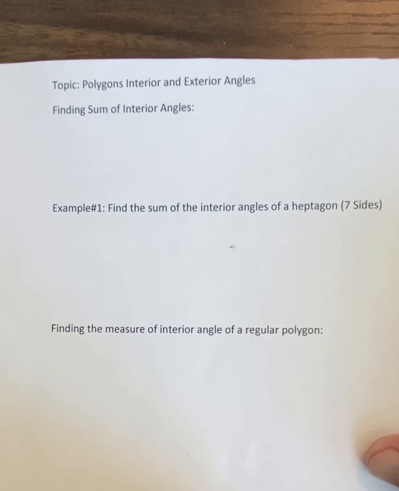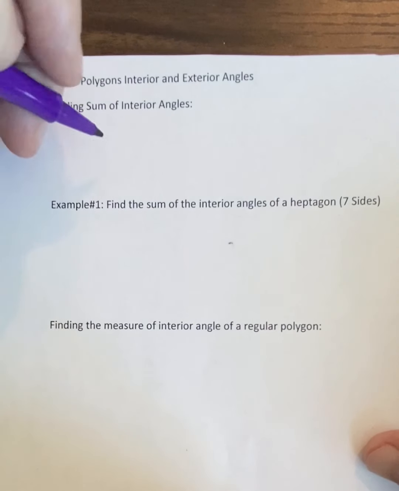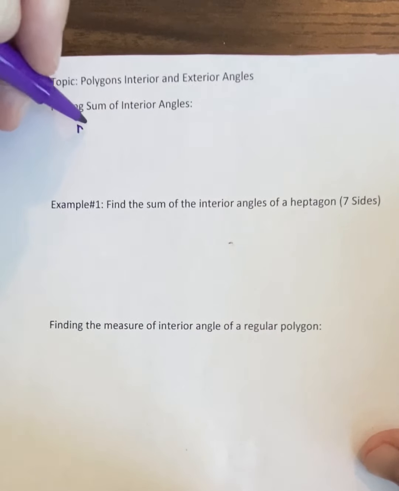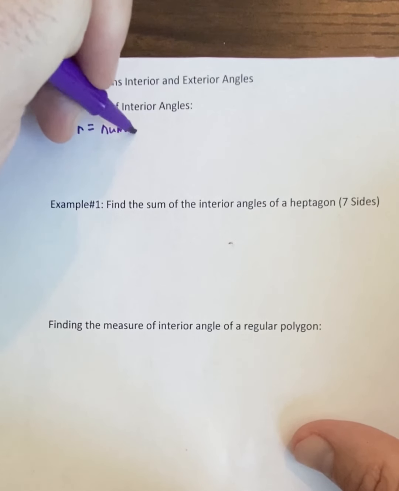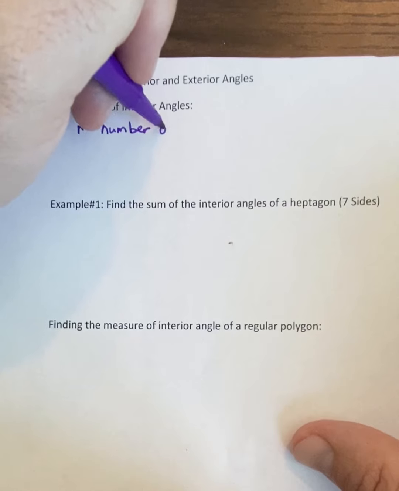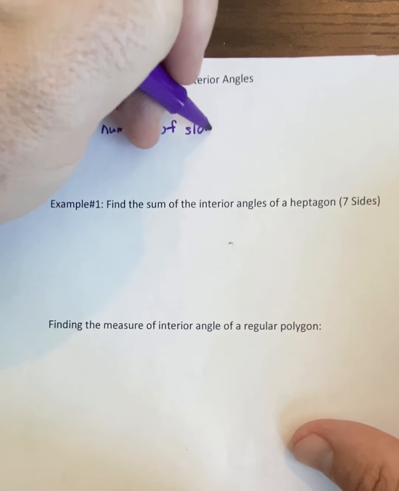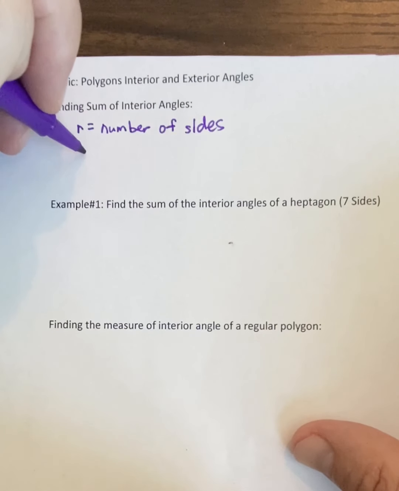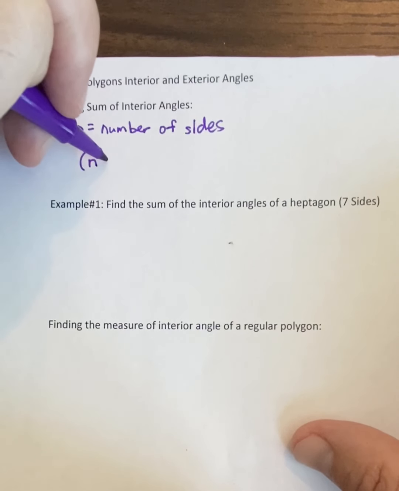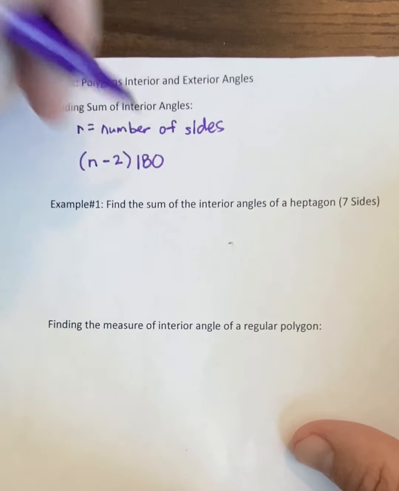Okay, so this is for any polygon, and we derive this where n is the number of sides of the polygon, and then the formula that we use to get the sum of interior angles is n minus 2 times 180.